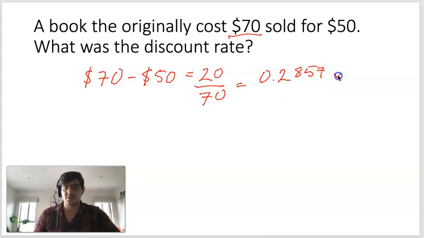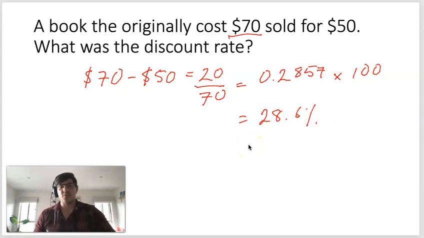We're going to multiply by 100, and we're also going to round at the end result. So we multiply this by 100 and we end up with 28.6%. So we have our book that originally cost $70, was sold for $50 because it was discounted by 28.6%.